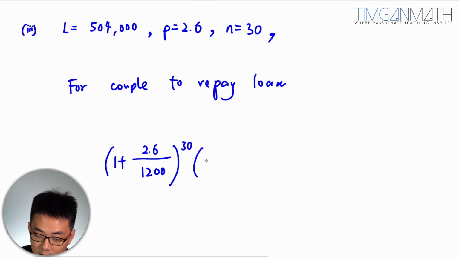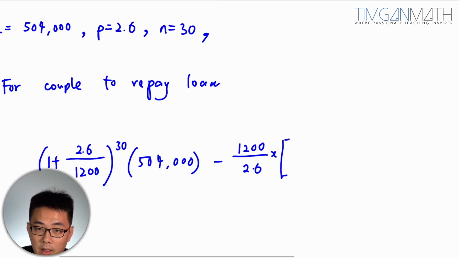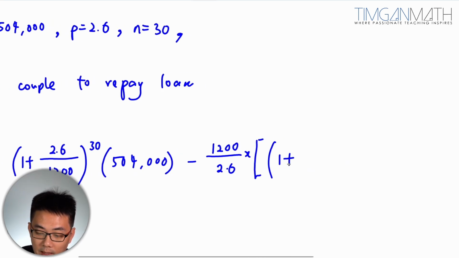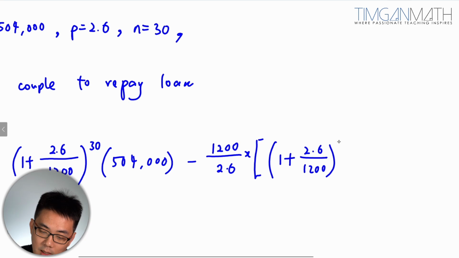And L, which is the principal amount, 504,000 minus 1,200. And this is P, which is 2.6x. And this will be 1 plus 2.6, 1,200, M, which is 30 minus 1.